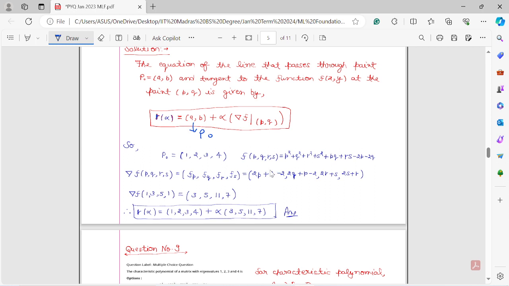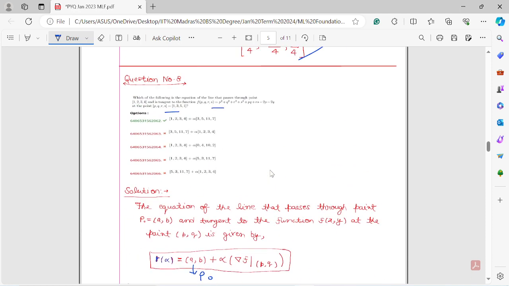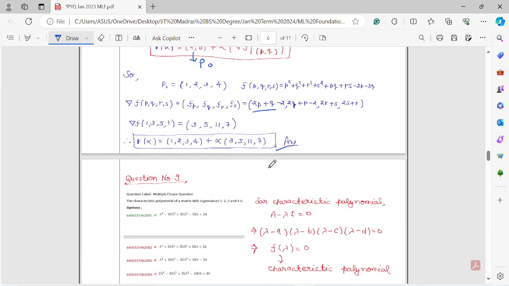We find the partial derivatives, which are these, substitute the values 1, 3, 5, 1 and get 3, 5, 11, 7. So we directly substitute into the formula: 1, 2, 3, 4 plus alpha times 3, 5, 11, 7, and the answer is this. So the first option is correct.